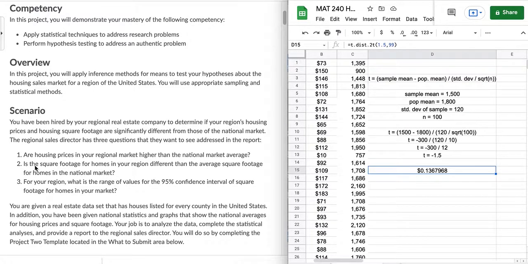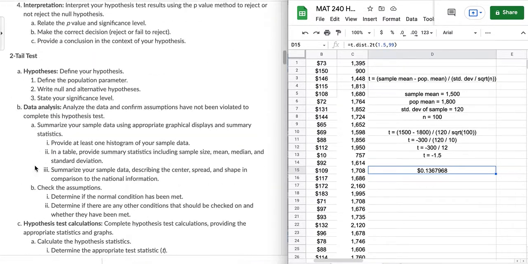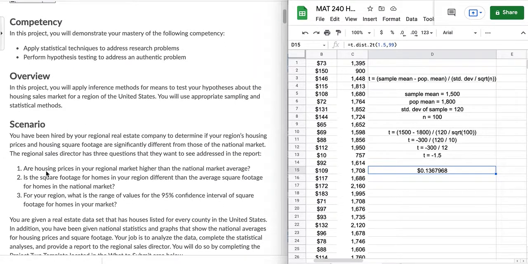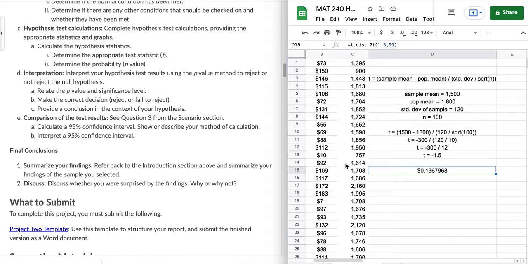Okay, so part 3 asks us to construct a confidence interval for the square footage of homes in your market. So take your data set and use the values from your data set to help you construct a confidence interval. Remember, to do that, you take your sample mean, and then you add or subtract the margin of error.